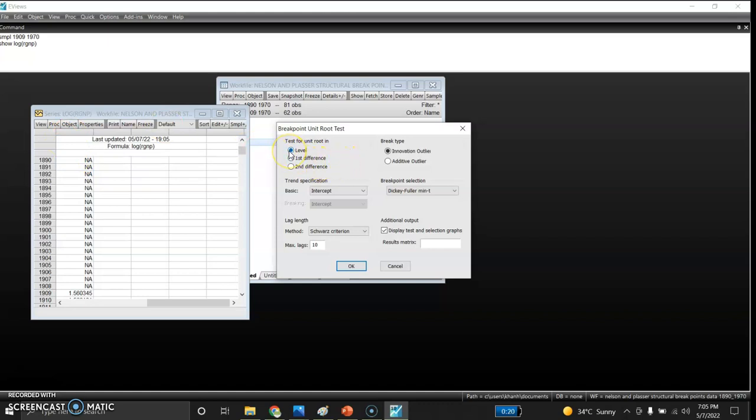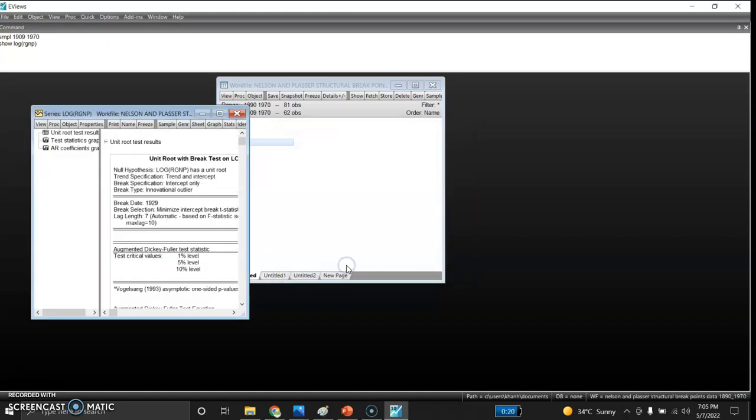So I will leave this here as level, and I will also leave this innovation outlier, but here in the basic I would click on trend and intercept, and here I can have some other options, and I will click on the F statistics, and here I will click on the intercept break minimum T, and after that I will press OK, and here are my results.